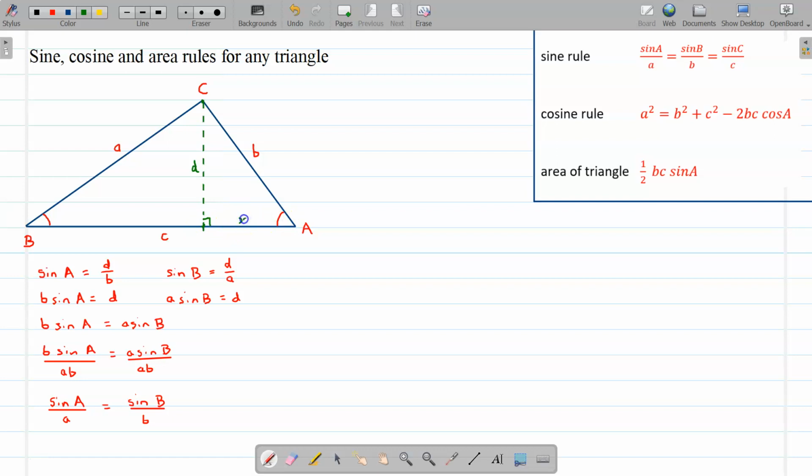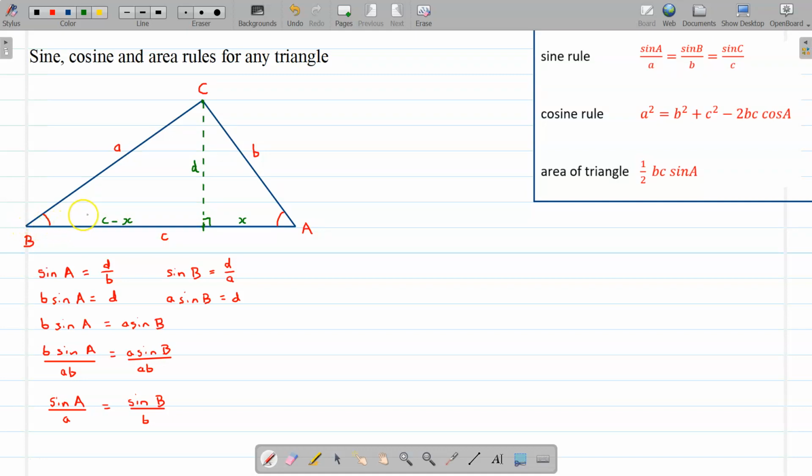I'll write these on the inside of the triangle. So x is the length from there to there. So it logically follows that this length must be c minus x. If the total length across the bottom is c, and that's x, the length from here to here must be c minus x.